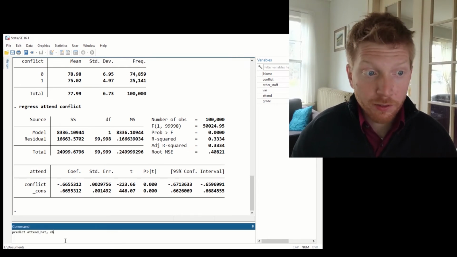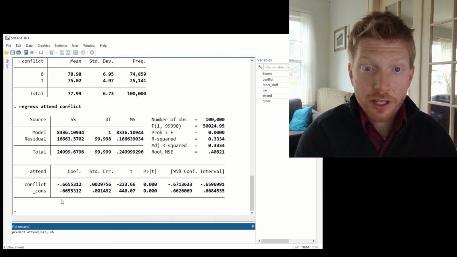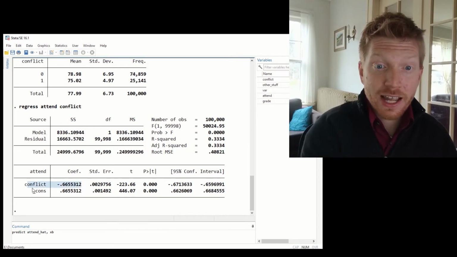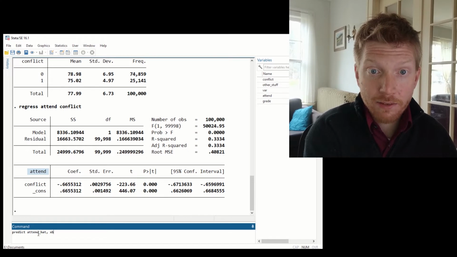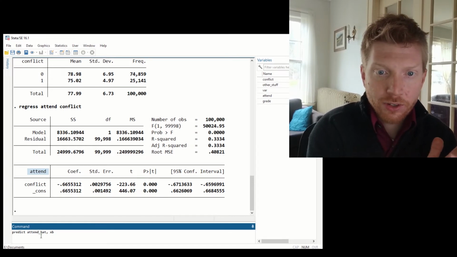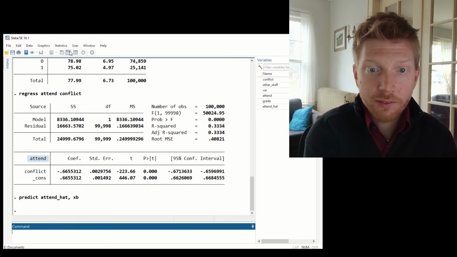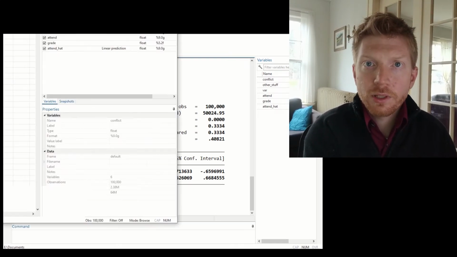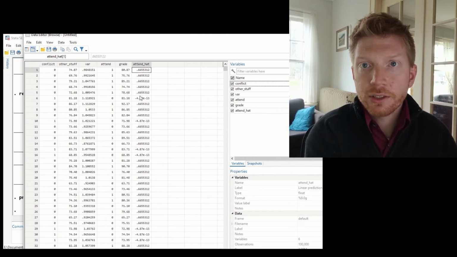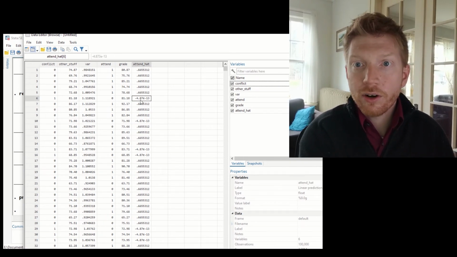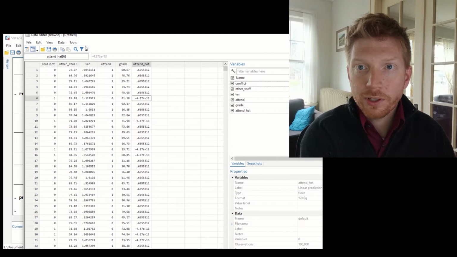The second part of our first stage is we need to store these estimates. We need to store the estimate of attend hat. So we're going to create a new variable that is the predicted value of attendance. If we browse and look at our data set, we can see that there are only two values for attend hat.